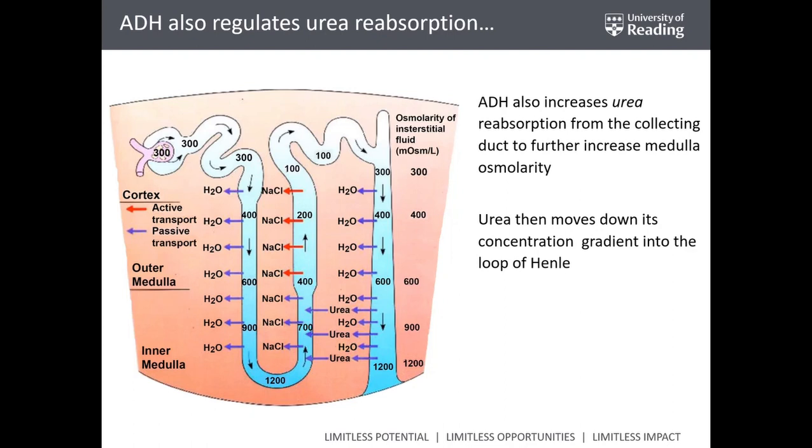Urea moves down its concentration gradient into the loop of Henle, and then once again it reaches the tubular fluid. So that urea will not be reabsorbed into the blood.